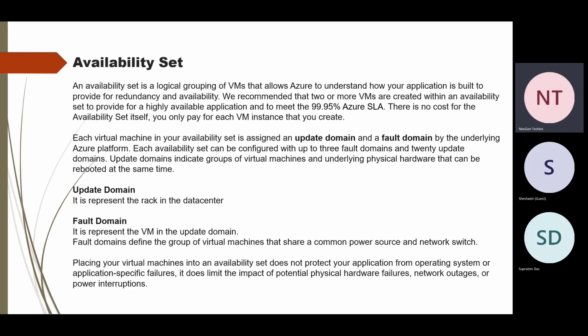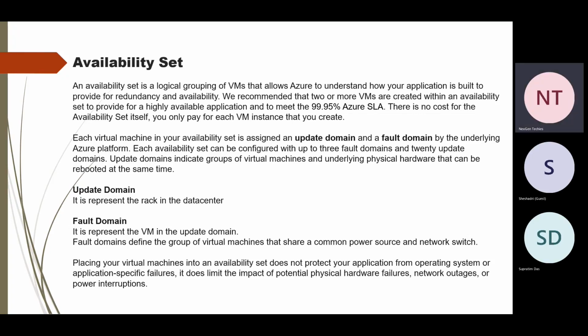There is no cost for the availability set itself. You only pay for each VM instance that you create. You have to deploy at least 2 VMs in the availability set. For example, ASCS and ERS are single points of failure, and the database is also a single point of failure.